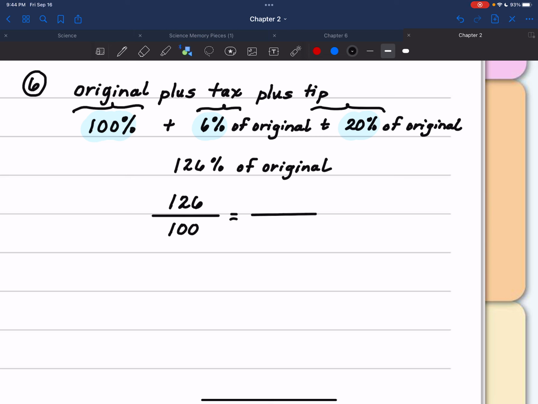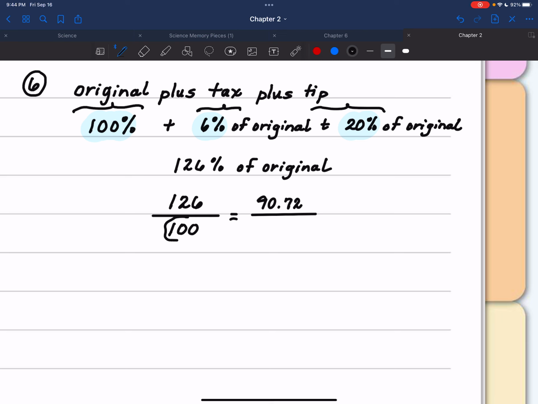So the other number that we have is $90.72. Is that the 100% or the 126%? The 90.72 includes tip and tax, so that's going to be this number. I believe this is going to give us what we need.